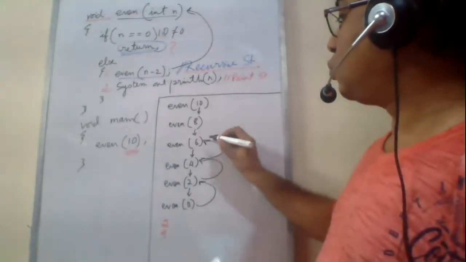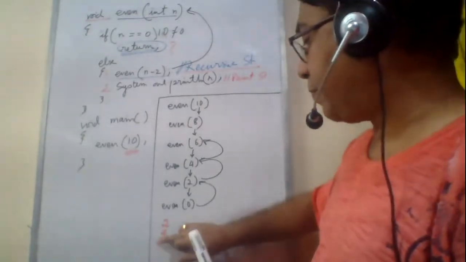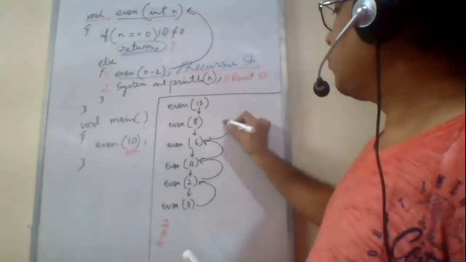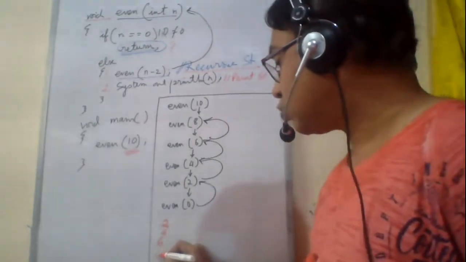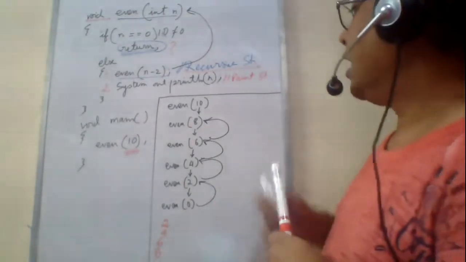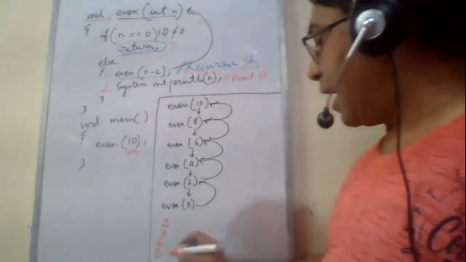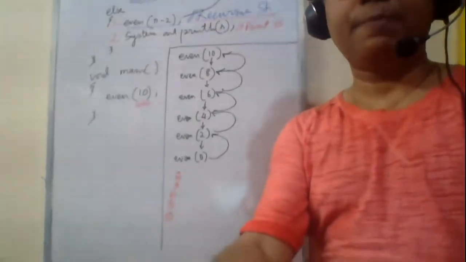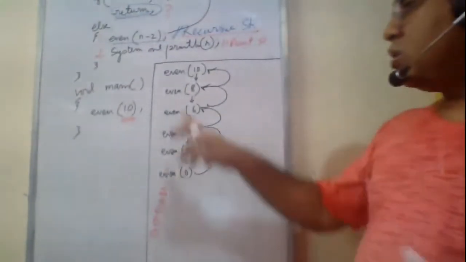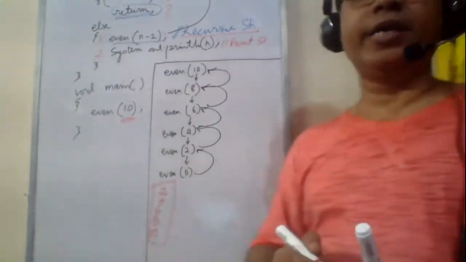It will return to 6, so it will print 6. It will return the control to even with parameter 8, so it will print 8. And finally it will return to the function with the parameter 10 and it will print 10. So what happened? We got the even numbers from 2 to 10 printed.